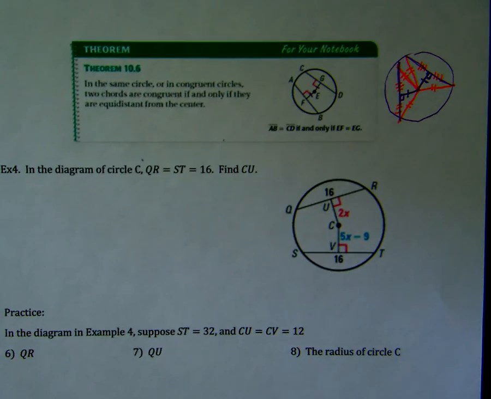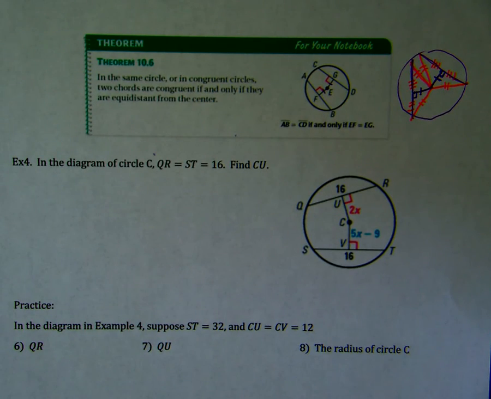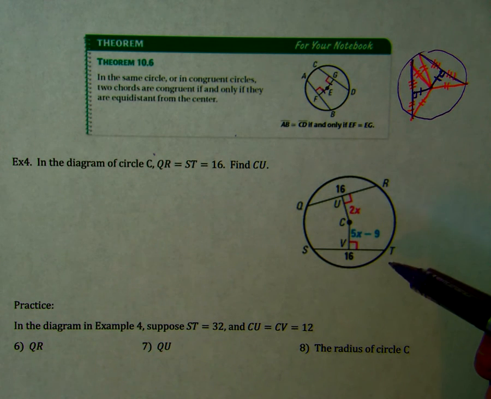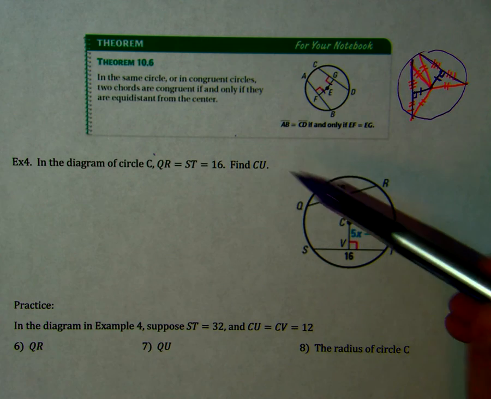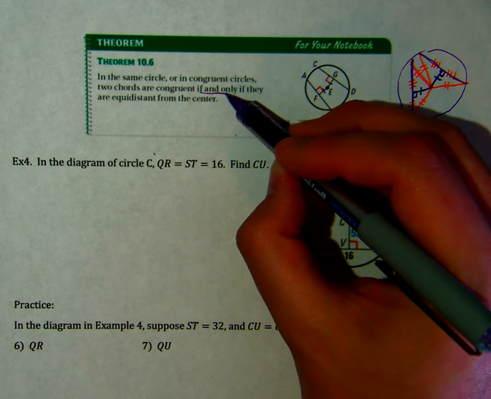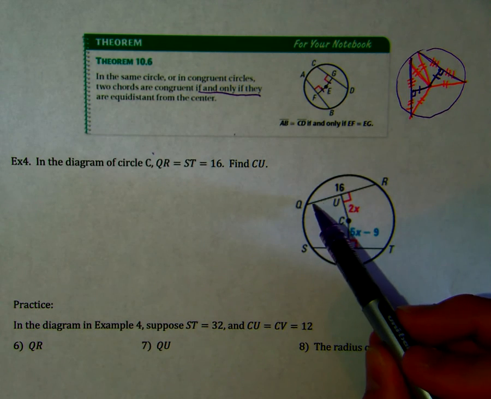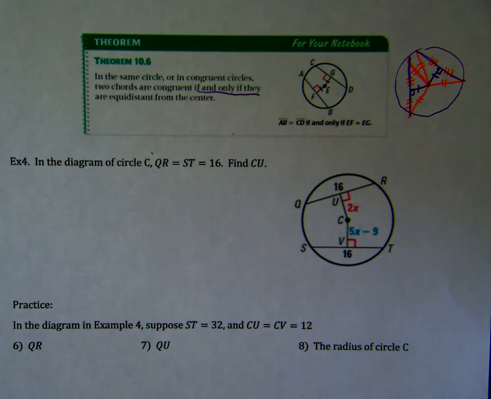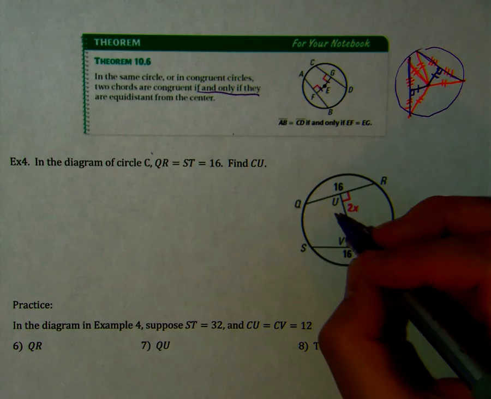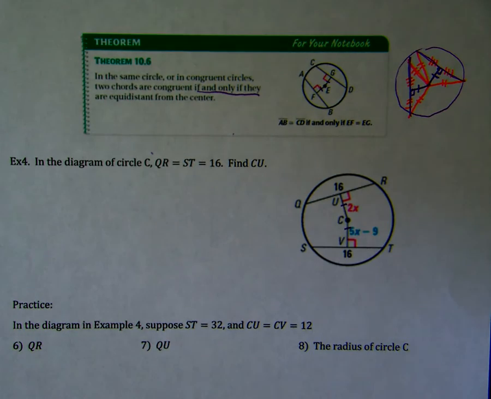So what does it look like in a little practice question here? Let's see. These are both 16. Remember, this is an if and only if statement, so this works in both ways. Because QR and ST are congruent to each other, I know that they are equidistant from the center.